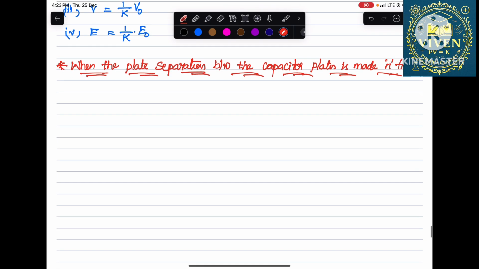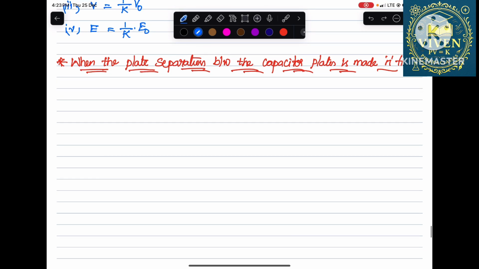First, connected to the source. Over here I will write connected to source, and here charged and disconnected.